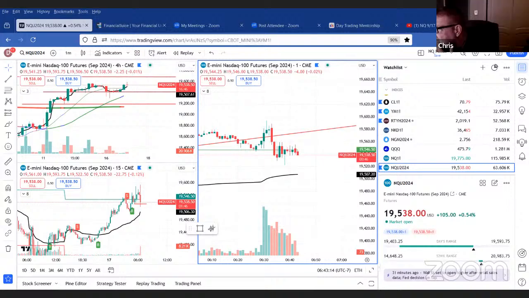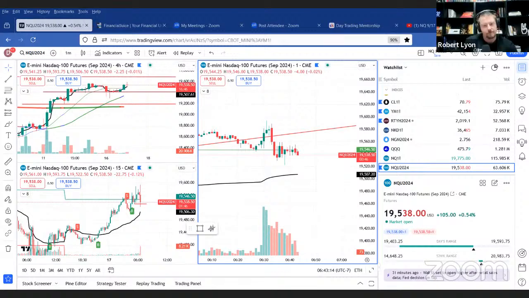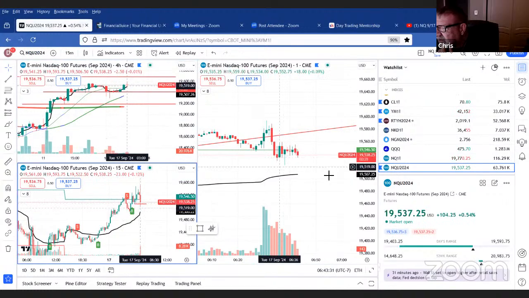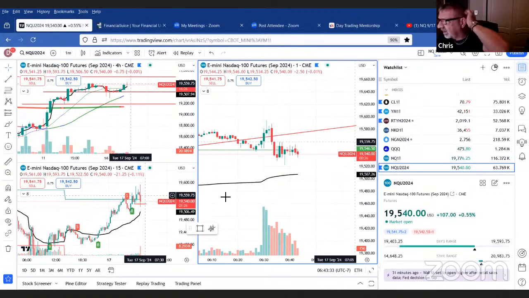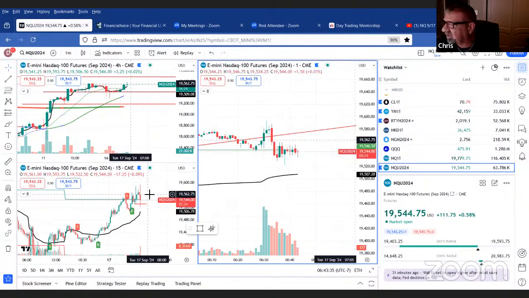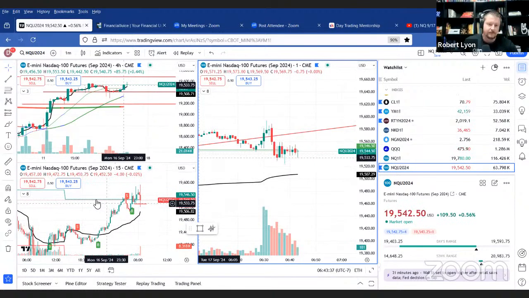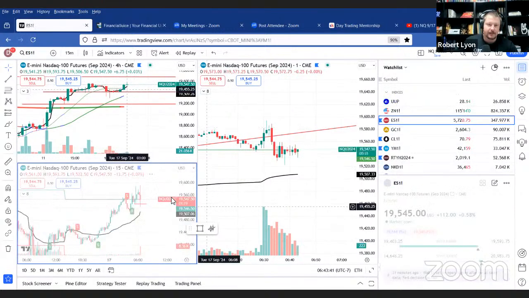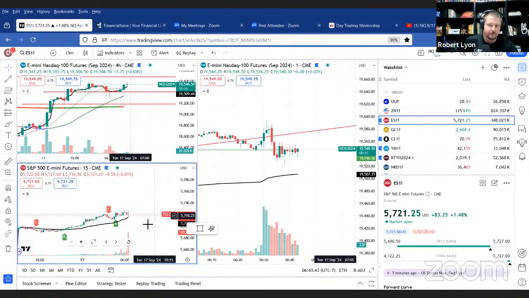What is the time frame on the bigger chart in the middle? On mine, I've got the 4 hour, 1 hour, 15 minute, and then the 1 minute. Sometimes I use this one as well to look at the ES and see if there's any variance between them.